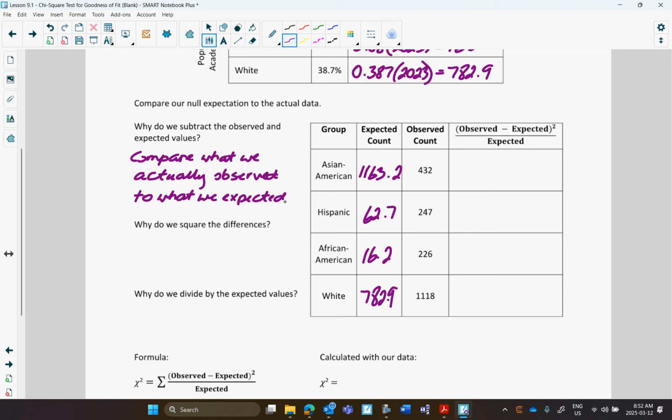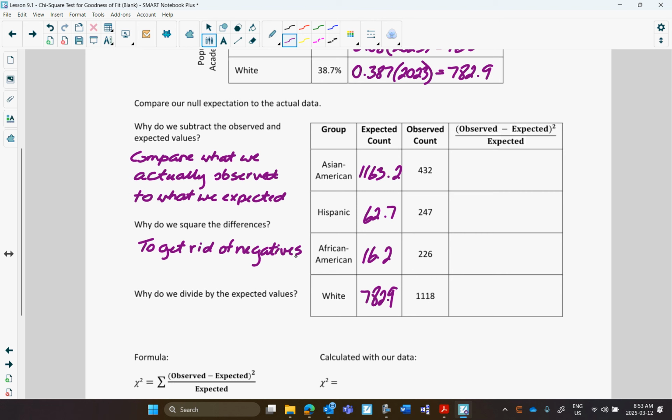Like I said, we square the differences to get rid of negatives, much like we did when we first learned standard deviation in Unit 1. For each data value, we subtracted the mean, and then we squared it, because if we didn't square it and added them all together, they would just cancel each other out.